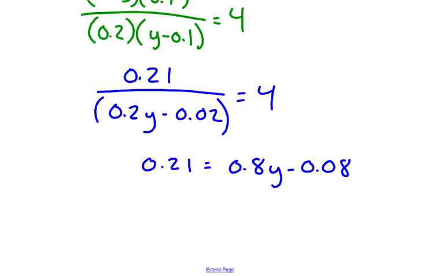And now you can move forward from that. So that's what I got.